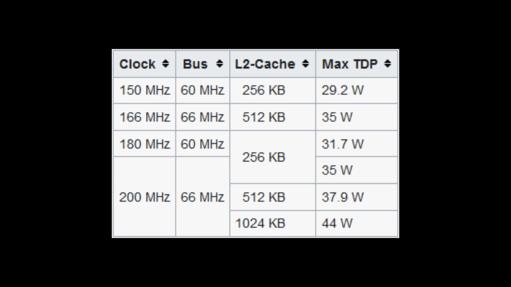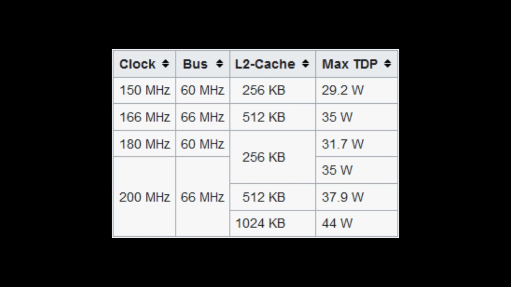Originally, the CPU was offered in 4 versions, as shown in the table. It isn't clear why Intel decided to offer a version with a 60 MHz bus, which was already considered suboptimal for the time in a high-end targeted CPU.